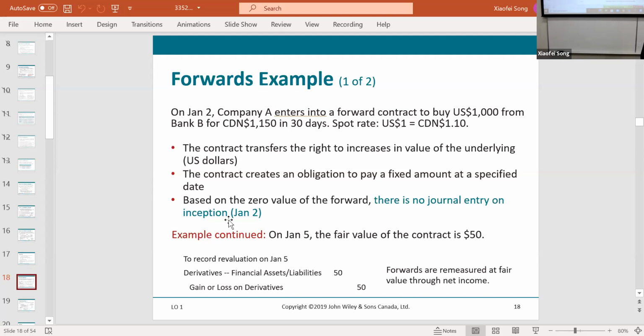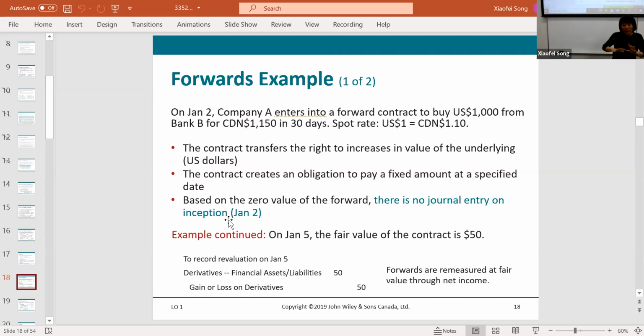Company A. If US dollar strengthens, without this contract, company A will have to pay more. If US dollar weakens, then company A still has to pay the price it agreed to.